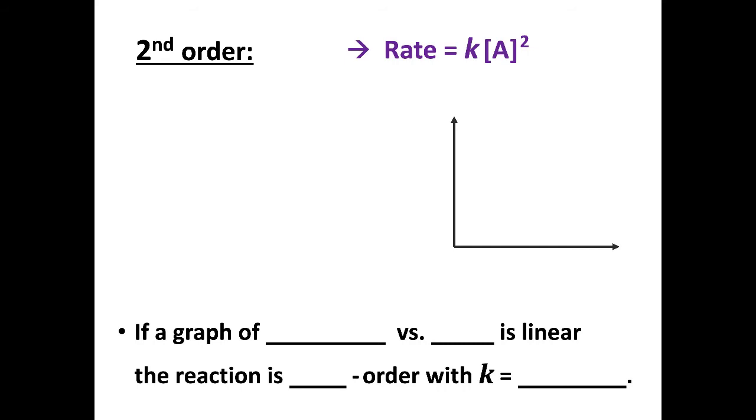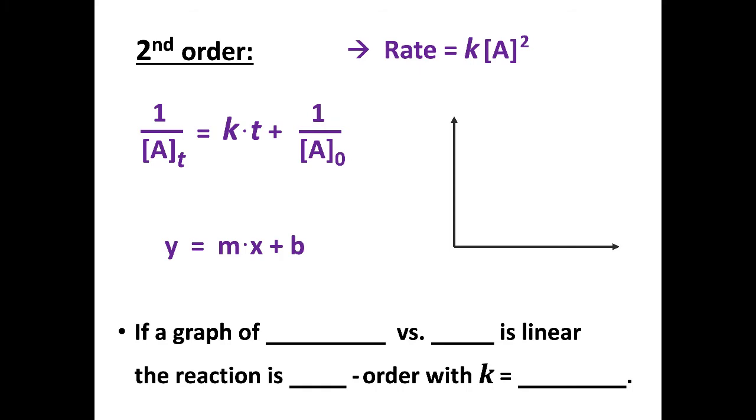If it's a second order rate law, rate equals k times the concentration of A to the second power. That gives us a concentration versus time relationship of 1 over A at time t equals k times t plus 1 over A at time 0. This is also a y equals mx plus b linear relationship if our y is 1 over A at time t, our slope m is k, positive k this time, our x is t, and our y-intercept b is 1 over A at time 0.